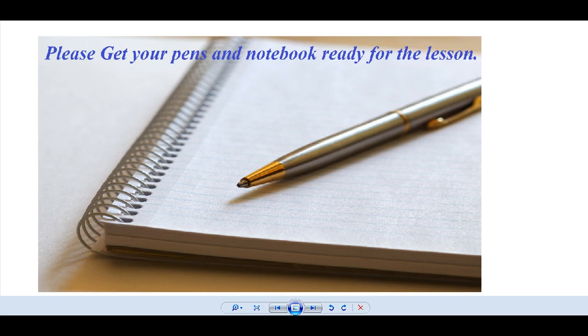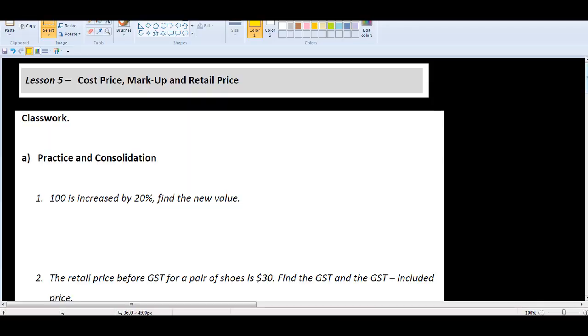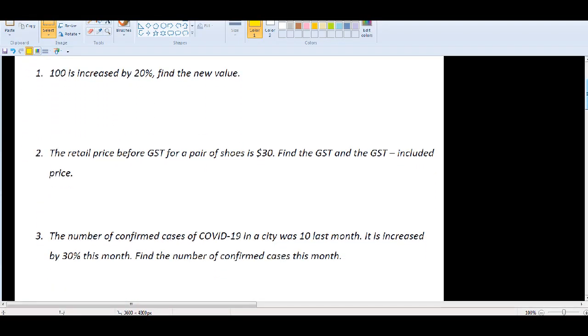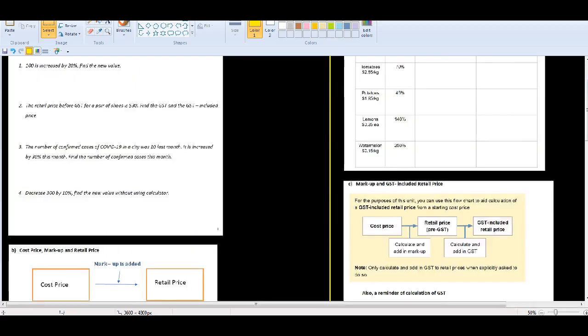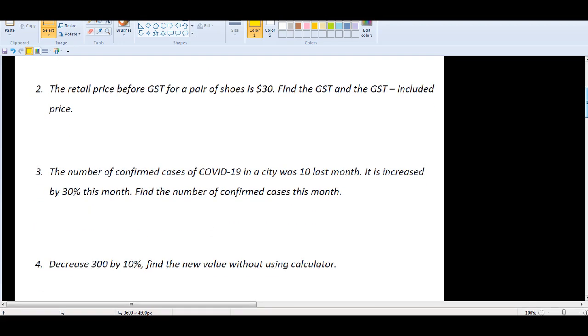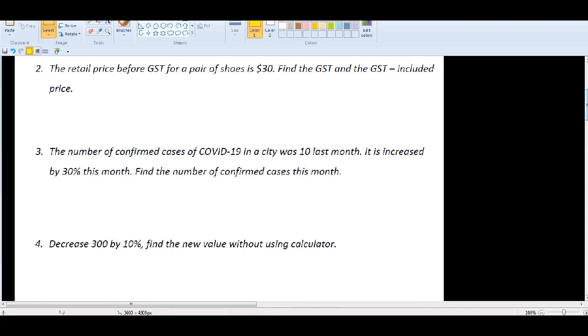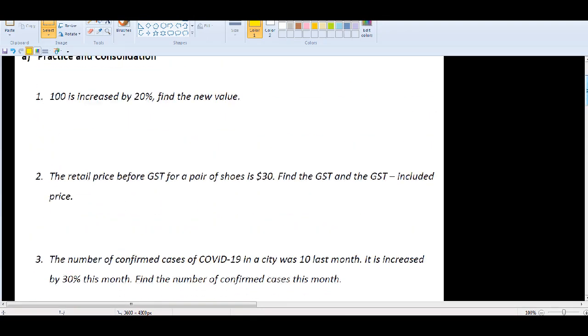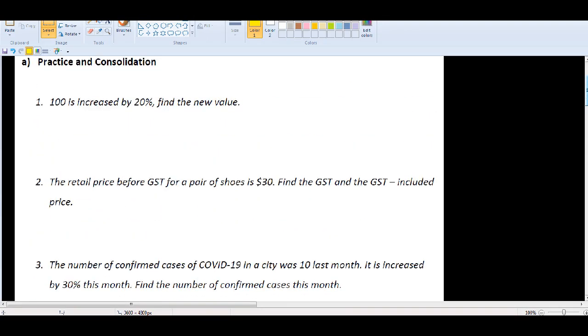But before that, can we go back to do some consolidation of our previous knowledge? Alright, so there are four questions here. Okay? Let me show you the first three, the last one. So you might pause the video now and try to do them, and then you need to see if you got all of them correct.